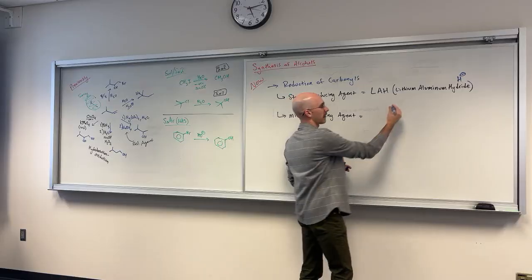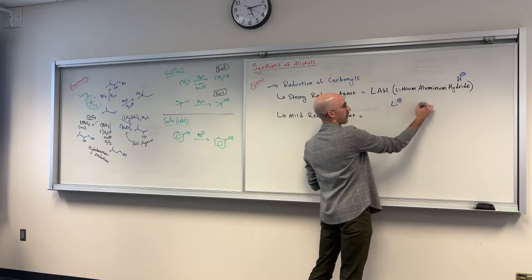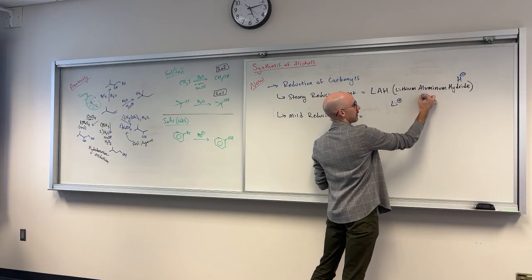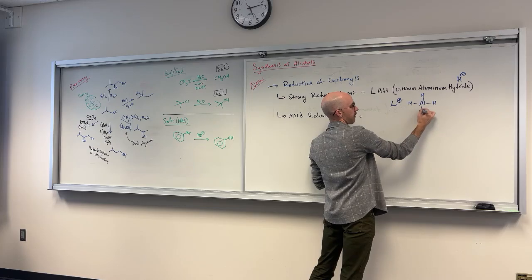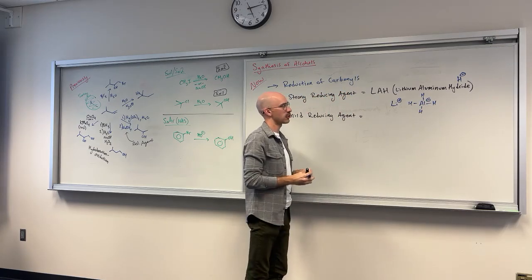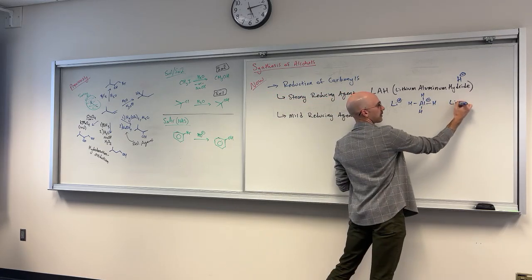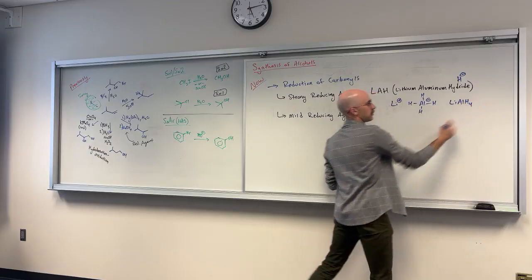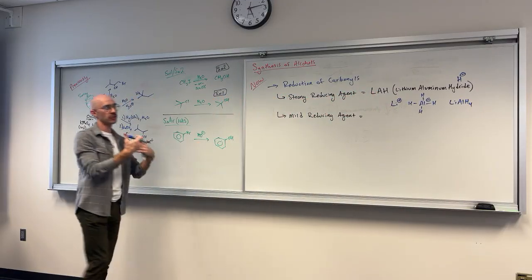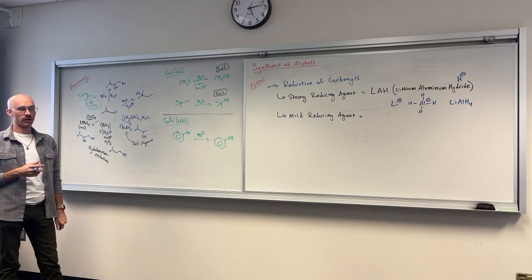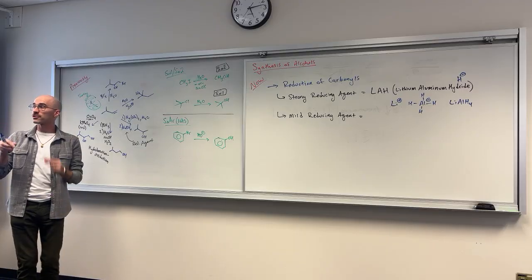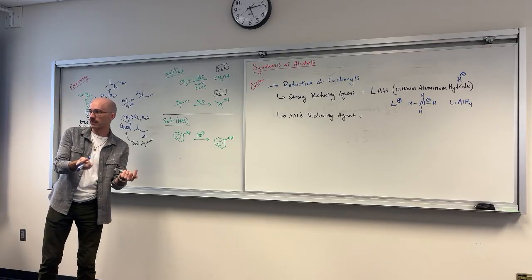The structure of LAH is a lithium ion balancing AlH4 minus. So you can write out its chemical formula. If you don't like to use LAH, you can write LiAlH4. It is a source of H minus.